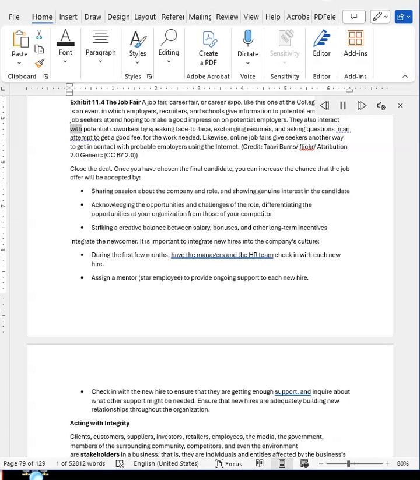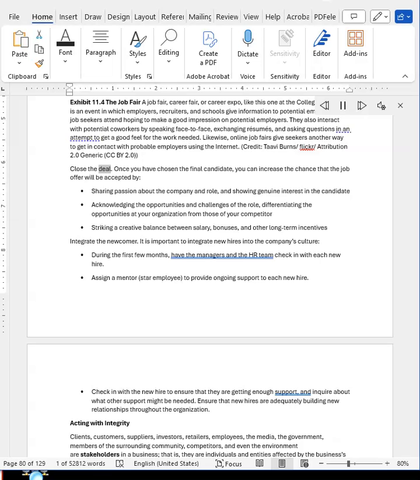They also interact with potential coworkers by speaking face-to-face, exchanging resumes, and asking questions in an attempt to get a good feel for the work needed. Likewise, online job fairs give seekers another way to get in contact with probable employers using the internet. Credit: Tavi Burns/Flickr, Attribution 2.0 Generic, CC BY 2.0.